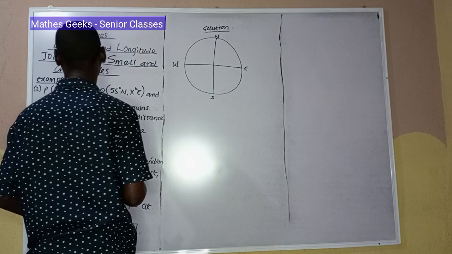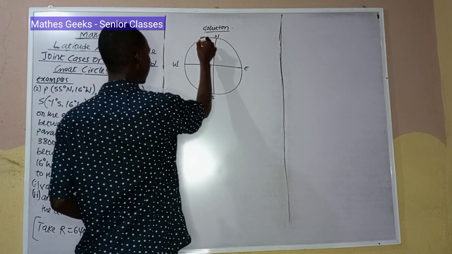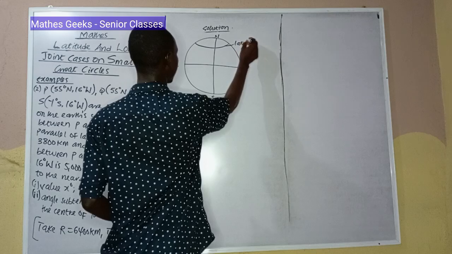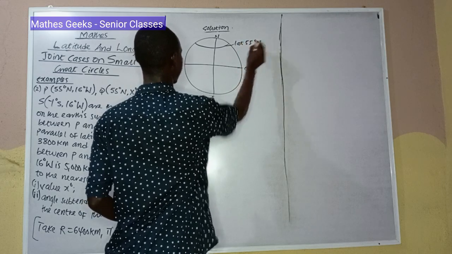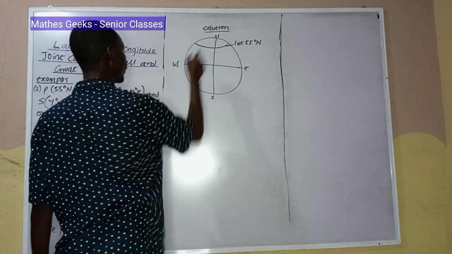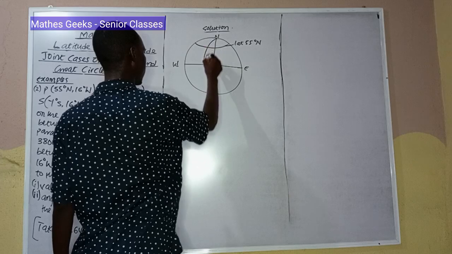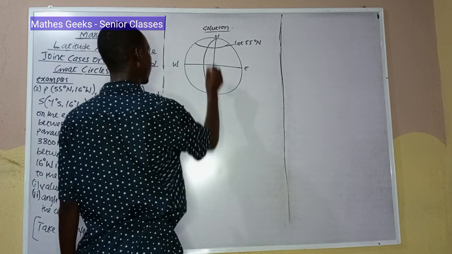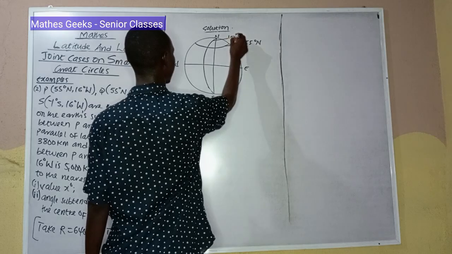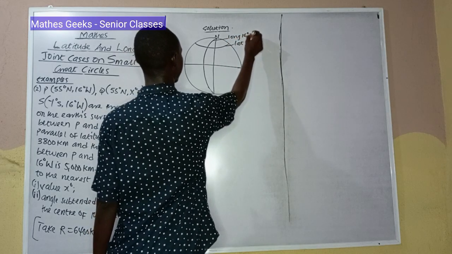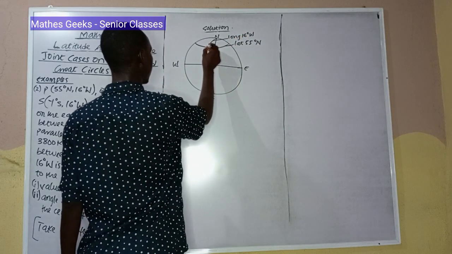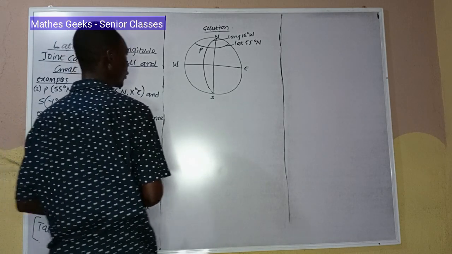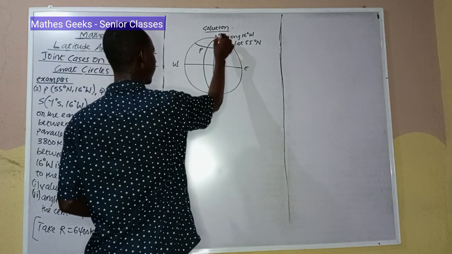So P is latitude 55 degrees north, longitude 16 degrees west. The next one is Q 55 degrees north and X degrees east.